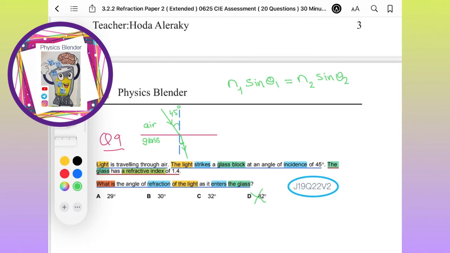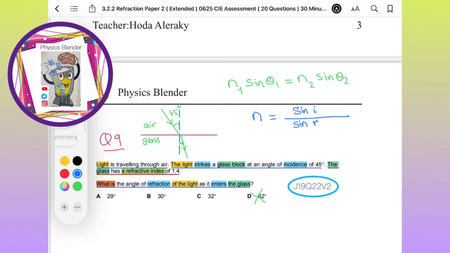The most common one used, if one of the two media is air, is that n for the medium is equal to sine of the angle of incidence in air divided by sine of the angle of refraction in the medium.